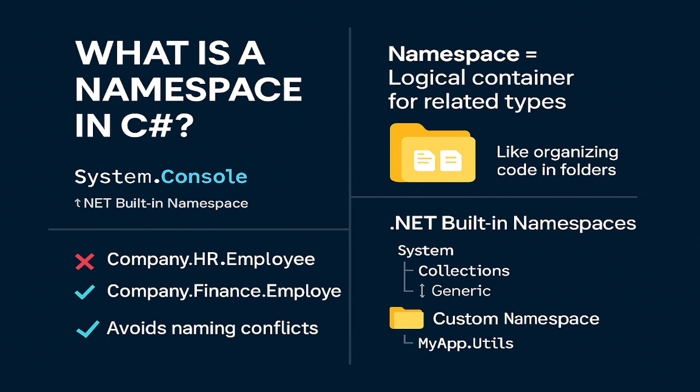Similarly, you have data access logic, so you can put it in a namespace with the name of data access. So that's the whole idea behind the namespace: it is a logical container where you can put all your code. Let's try to understand with a proper example, and what problem namespace solves.